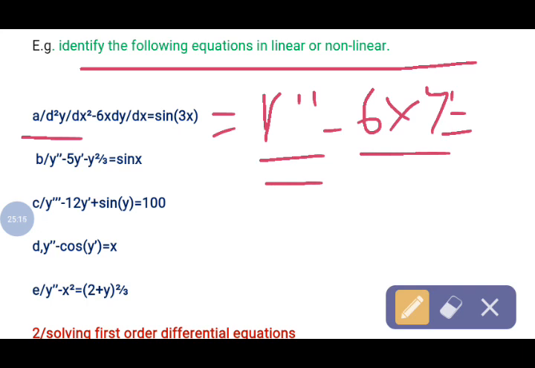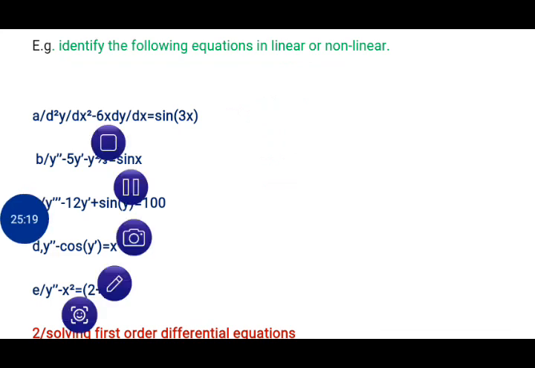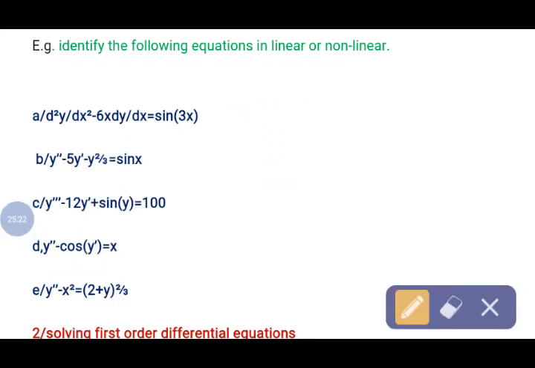This is a non-linear ordinary differential equation because the second term is a product of y and dy divided by dx. What about example B? Check the rules above. y double prime minus 5y prime minus y to the 2/3 is equal to sin x. This is a linear ordinary differential equation.